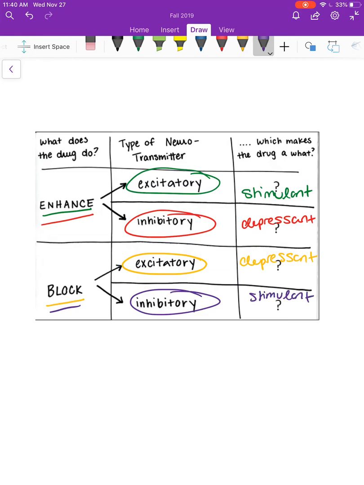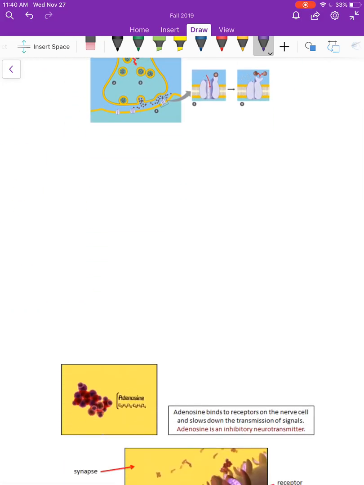So those are the four effects that drugs can have based off whether they enhance or block either an excitatory or inhibitory neuron. So let's look at some examples, okay?